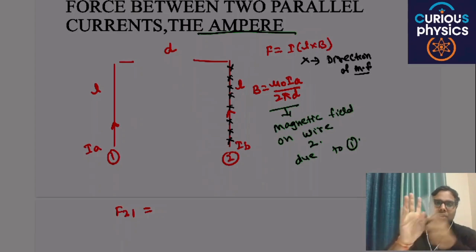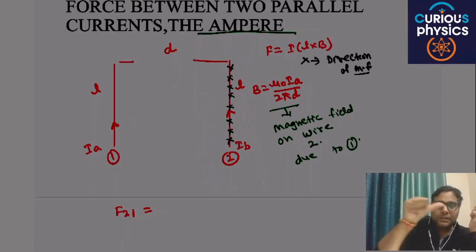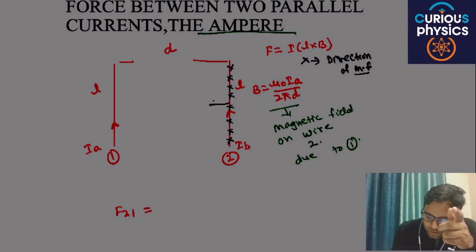So the direction of L is in the direction of IB, and IB is going upward. Move the curl of fingers from L to B. The B is inside, and the angle between L and B is 90 degrees. So F21 will be in this direction.